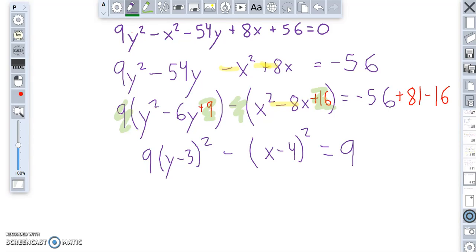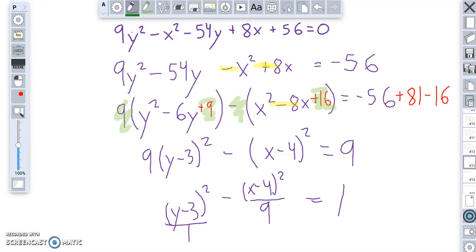Divide both sides by 9 and I get, oh, this looks just like the last one, equally weird. I say that like I'm surprised, but I did these problems ahead of time. I knew it was going to come out like that. Equals 1, so I divide everything by 9. If I really want to make this look like standard form for a hyperbola, I would put over 1.